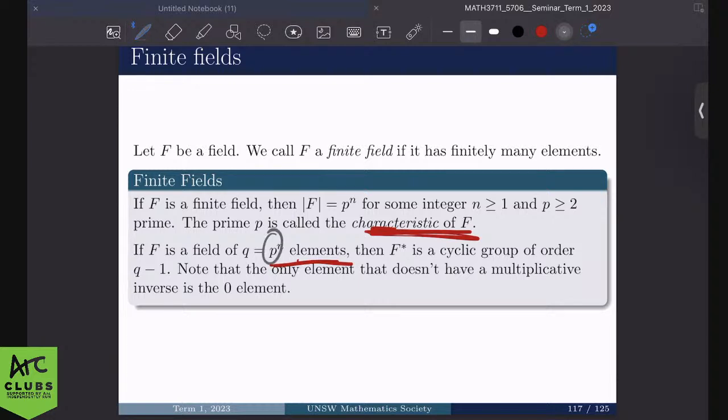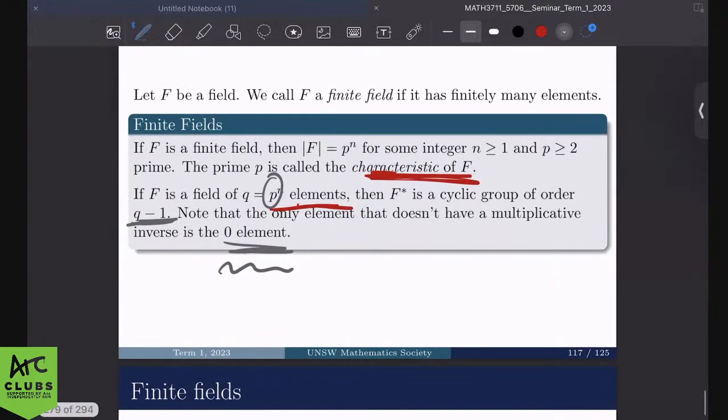that it's a cyclic group of order q minus 1 if you exclude 0. If you exclude 0, it's a cyclic group of order q minus 1, right? Because the only element that doesn't have a multiplicative inverse is the 0 element. Okay.